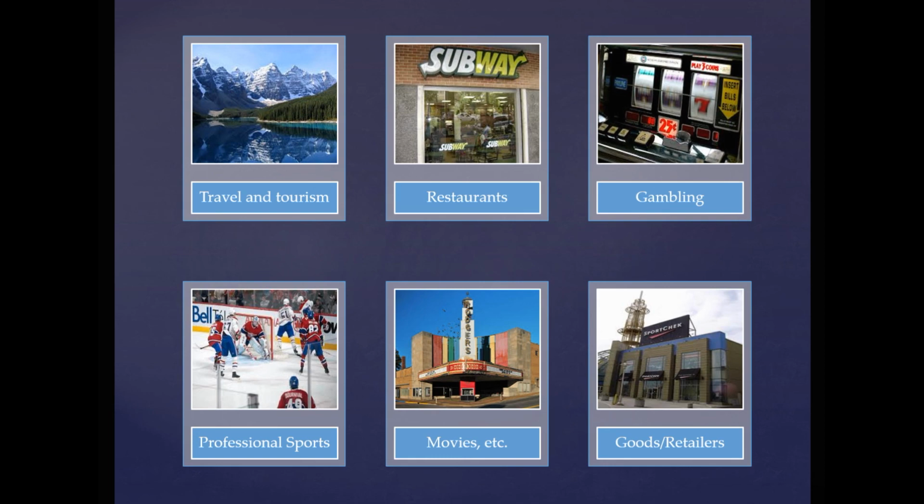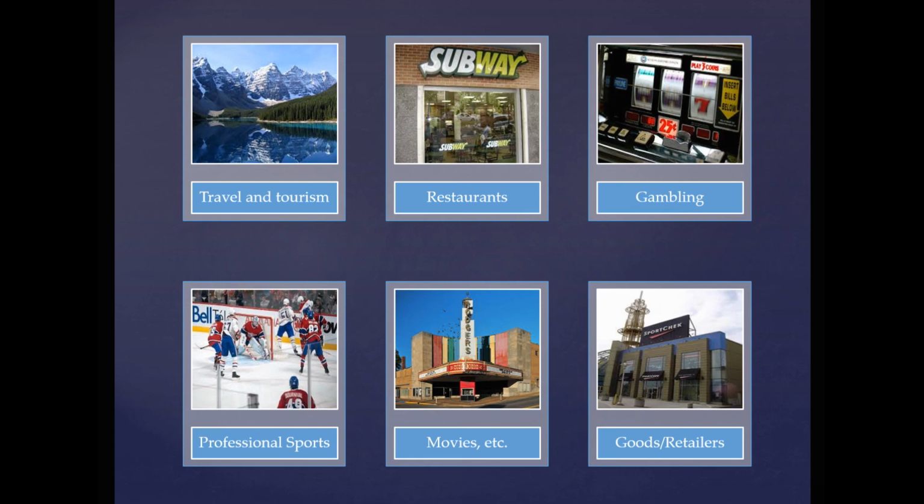Think of pubs, which increasingly have these machines in there. Professional sports is obviously a really big aspect, and maybe something some of you are interested in going into. Movies, entertainment, even the book industry.